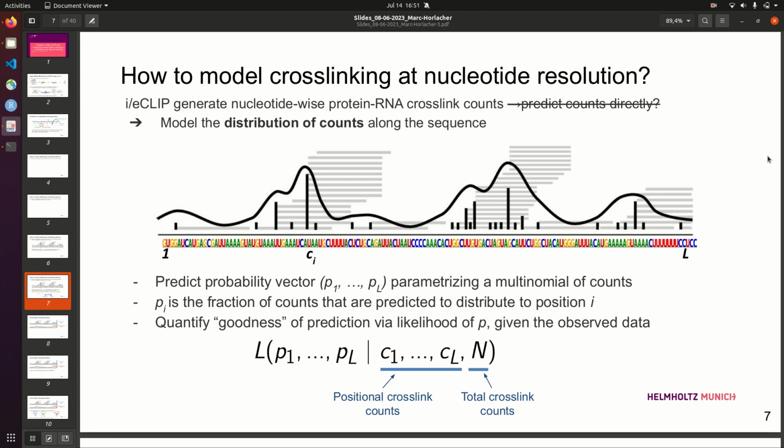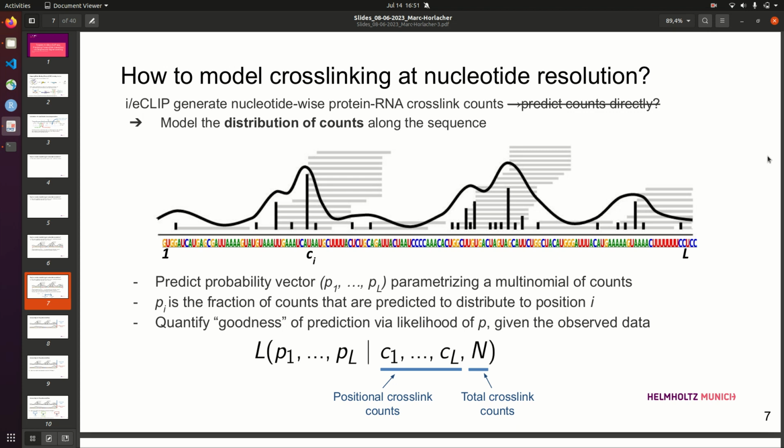So given our prediction and the observed count data, we can compute the likelihood that the predicted probability vector p generated the observed distribution of counts. And the observed distribution, of course, comes from the actual experiment.